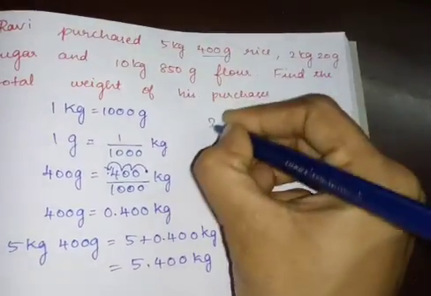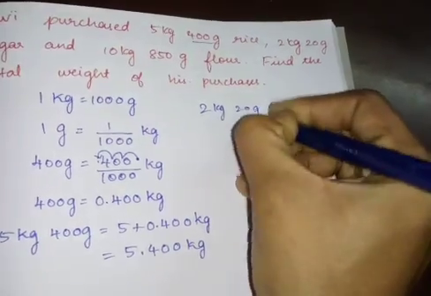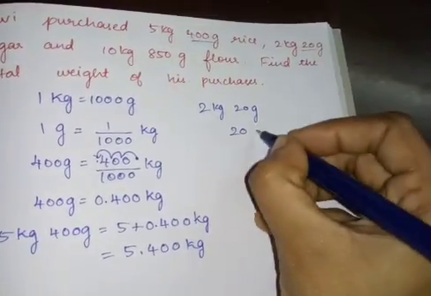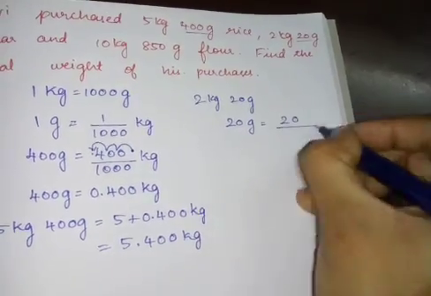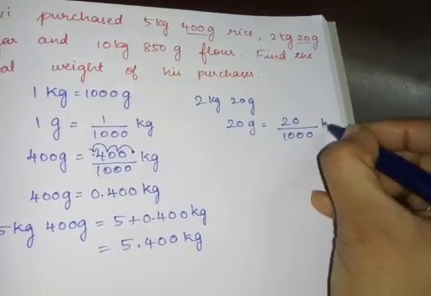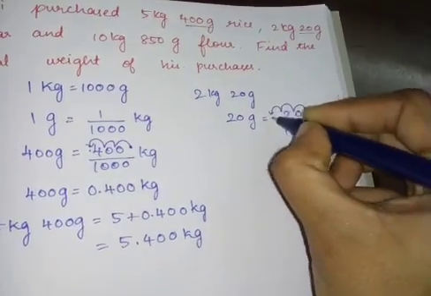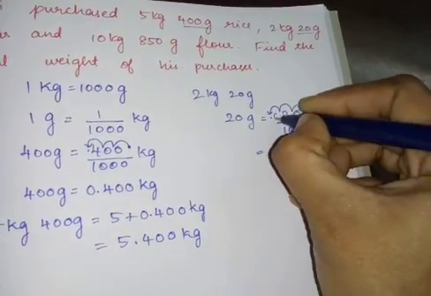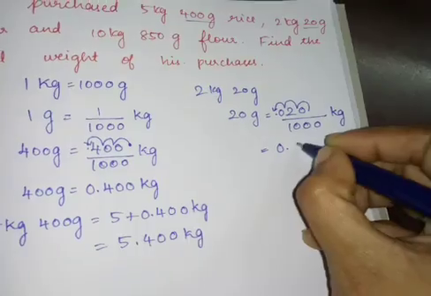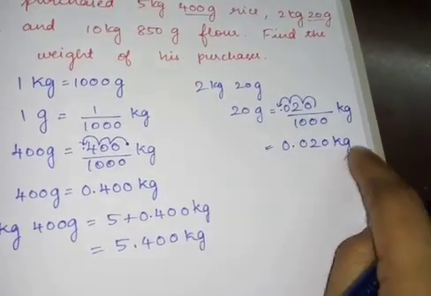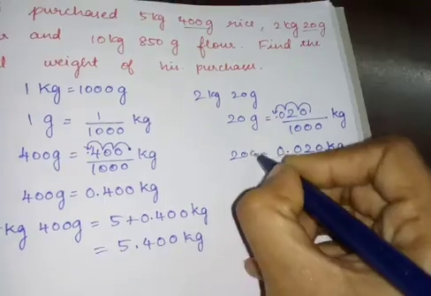Next, 2 kg 20 gram. I am going to convert it. It is 20 gram, which is equal to 20 divided by 1000 kilogram. 20 divided by 1000 means 1, 2, 3. I'll keep the decimal point here. 1 digit is extra. 0.020 kilogram. 20 gram is converted.